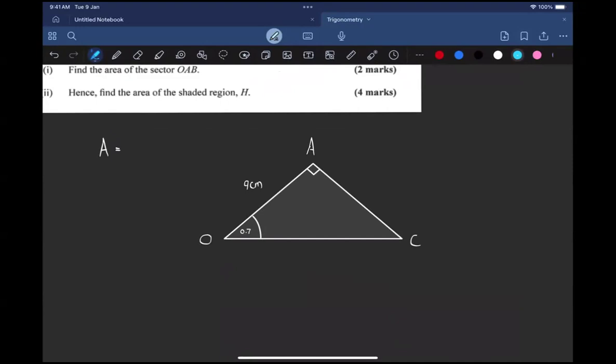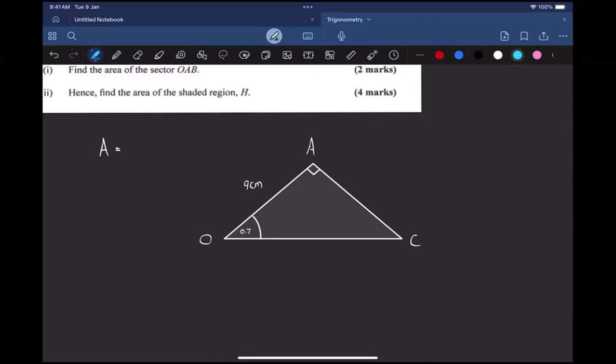Before you say anything, we have a right angle triangle. We have a length and we have an angle.